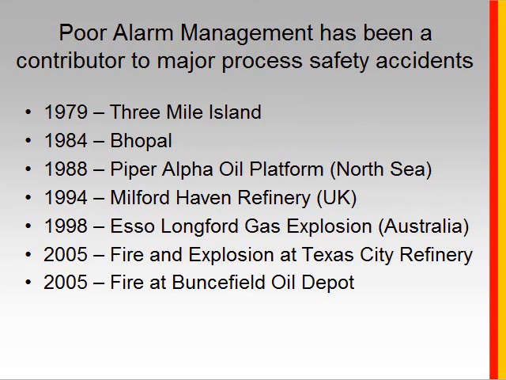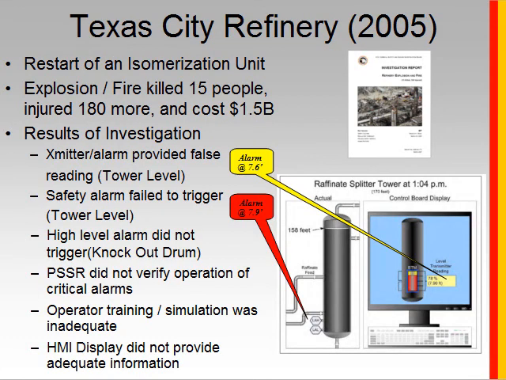Let's take a look at one of these, and that is the explosion that occurred at the Texas City Refinery in 2005. This took place after a maintenance shutdown for about a month, starting up the refinery.